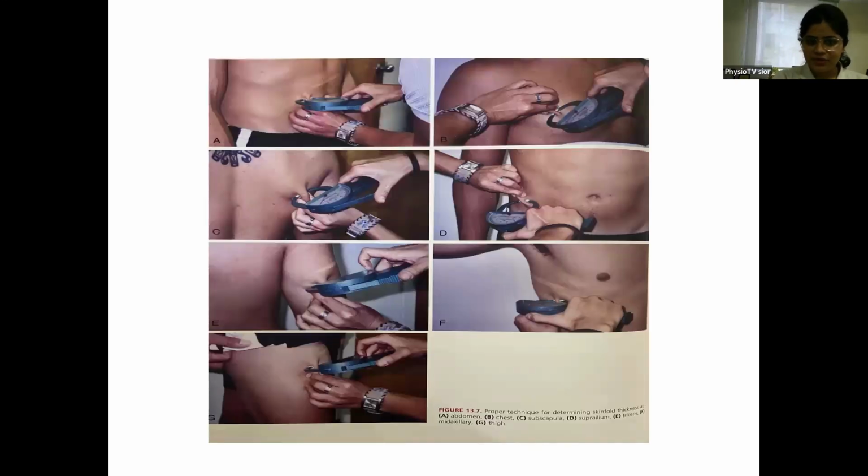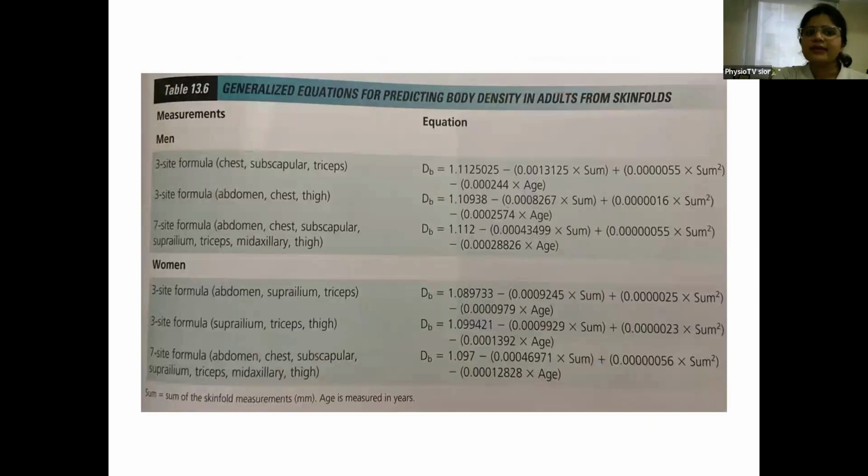Again, in these pictures it is shown for abdomen, vertical fold, diagonal fold, then for abdomen, chest, subscapula, suprailium, triceps, mid-axillary. Again, these are the measurements, 3-site formula and 7-site formula for men and women. By substituting those values, we'll get the body density.